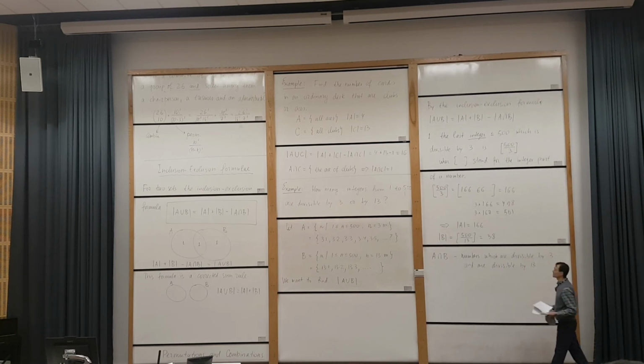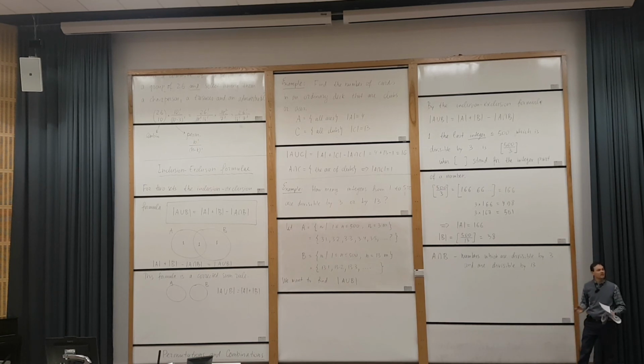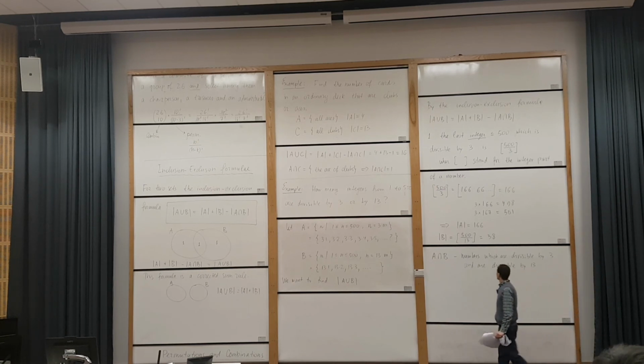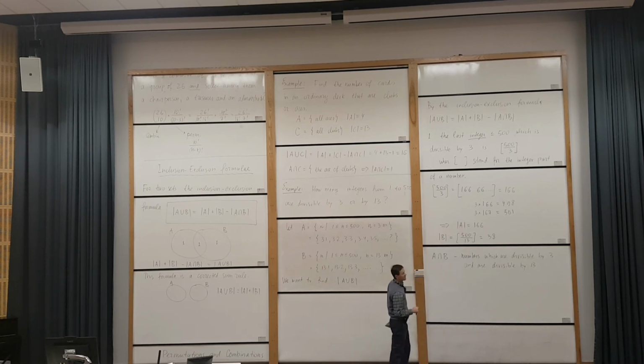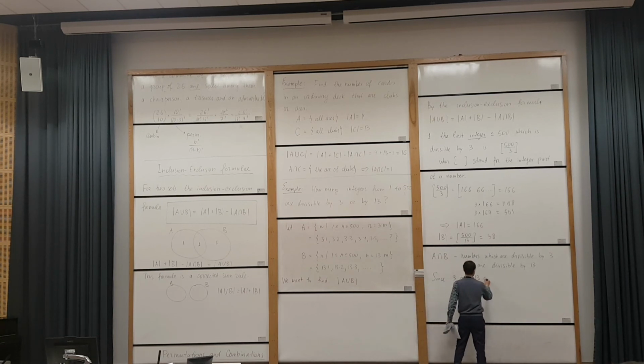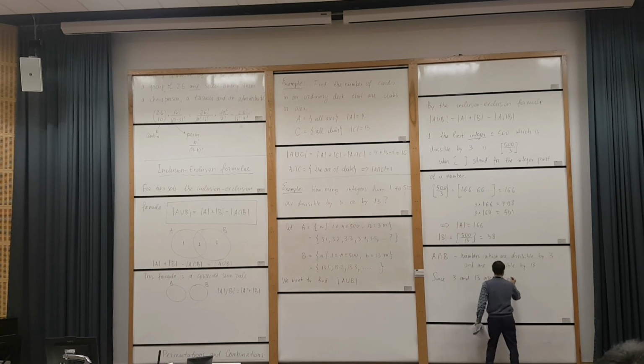And since 3 and 13 are relatively prime, they don't have any common factors, such a number should be divisible by 3 times 13.